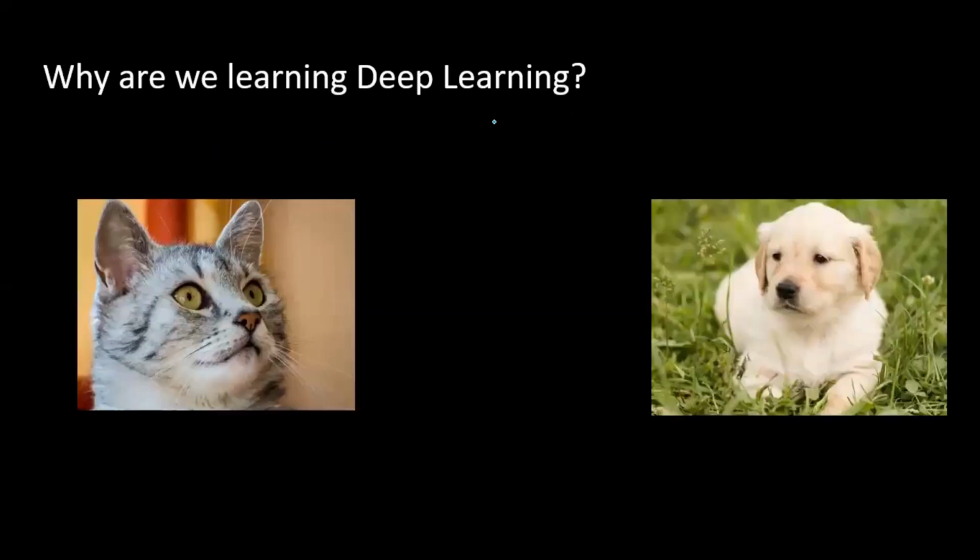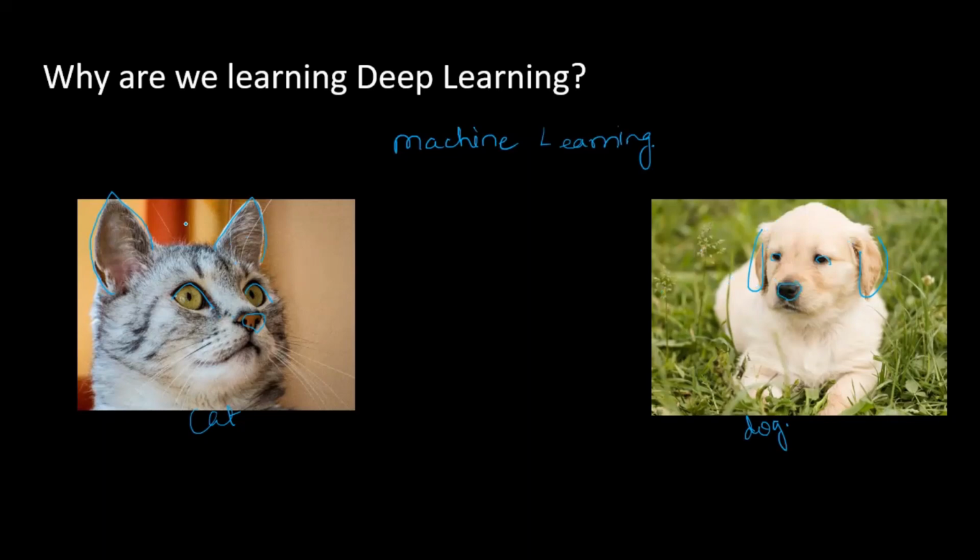Let us see that. See, this is a cat and a dog, right? Now, in machine learning, I actually need to explain how a cat's ears look and how a dog's ears look, how cat eyes are and how dog's eyes are, how the nose of a cat is and how the nose of a dog is.